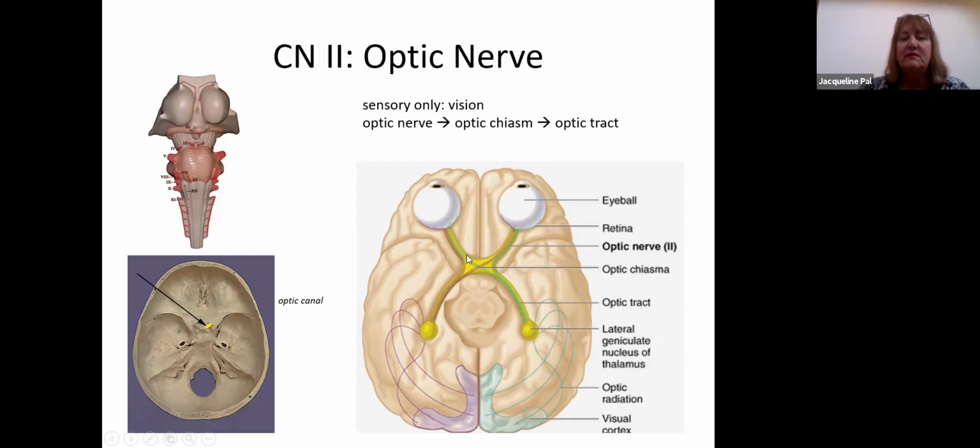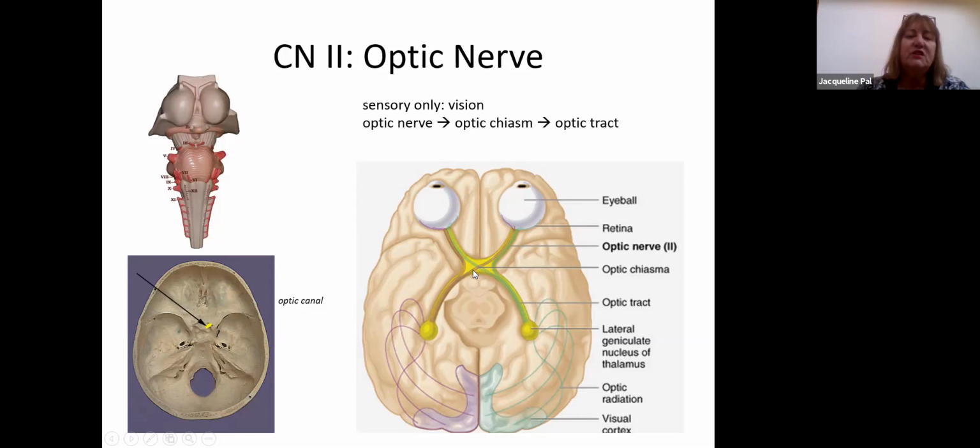Then, when the optic nerve gets close to the midline of the brain, the fibers on the lateral half of the eyeball will stay on the same side of the brain, whereas those on the medial half of the eyeball will actually cross over to the other side of the brain.